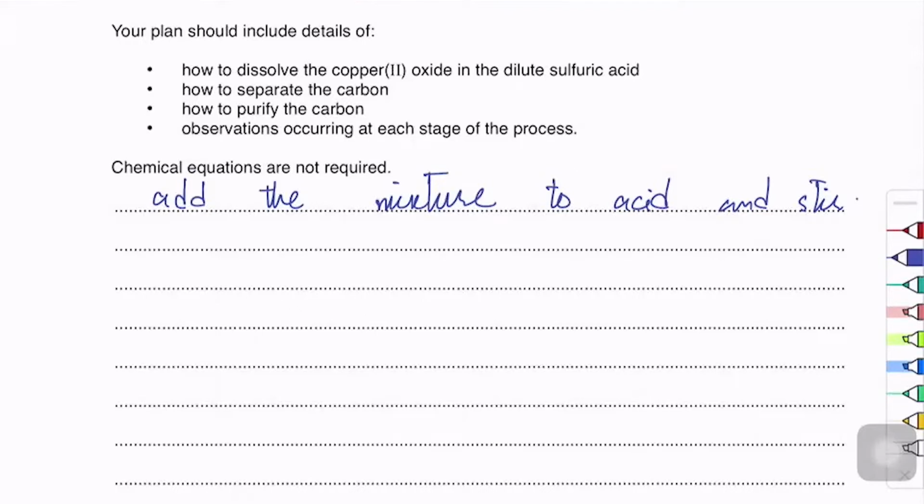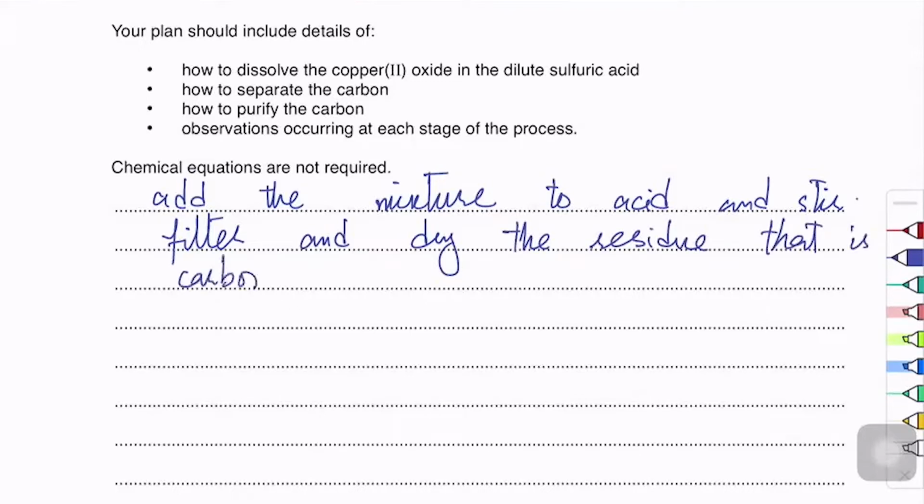So you have an insoluble thing and a soluble thing. How do you separate the insoluble thing? Filter. So filter and dry the residue, that is carbon.